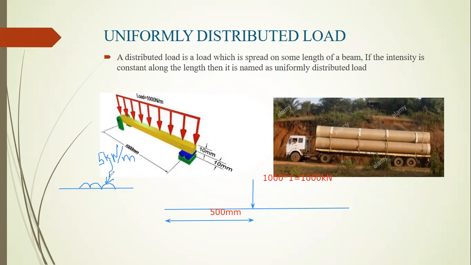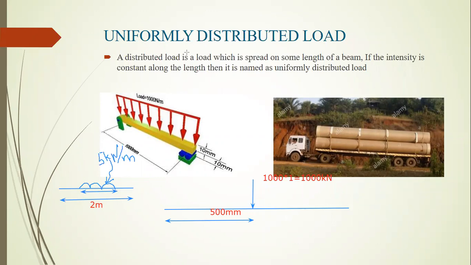Here the load is expressed in terms of 5 kilonewton per meter. Let us consider the total distance is 2 meter. If the total distance is 2 meter and the load is acting for a length of 1 meter only, at the center 1 meter only.